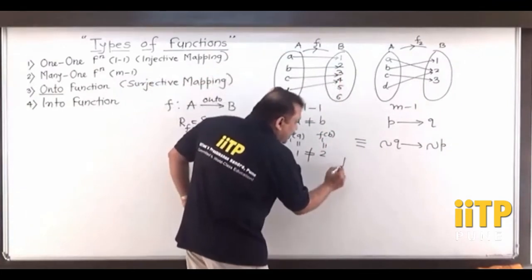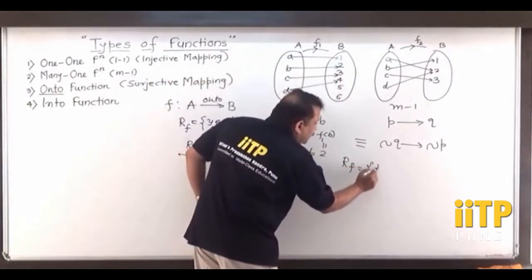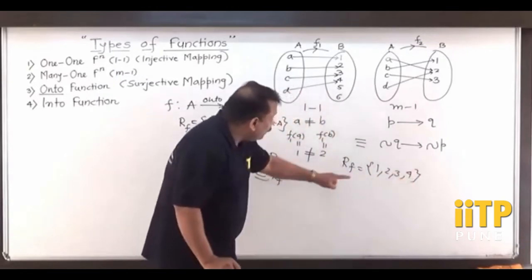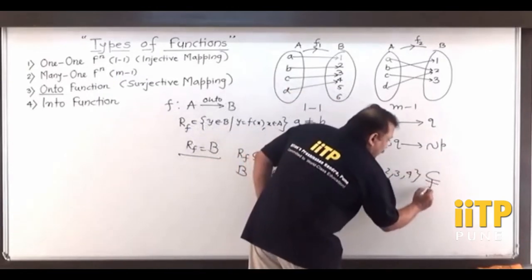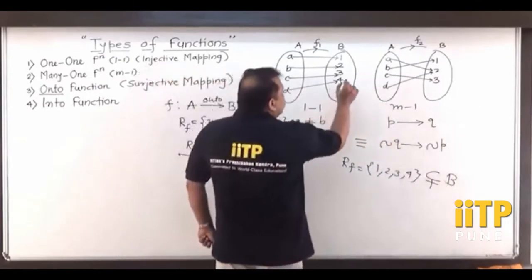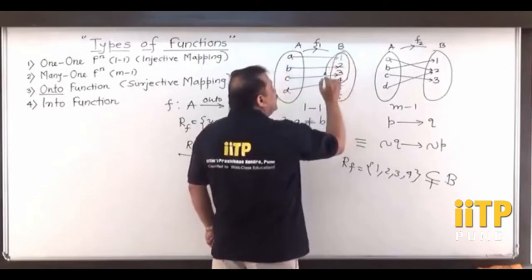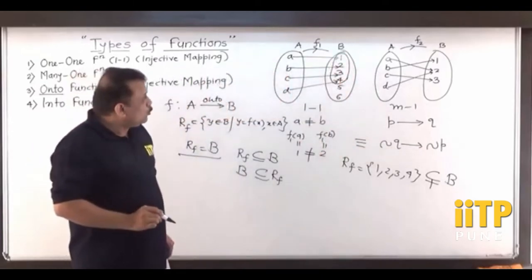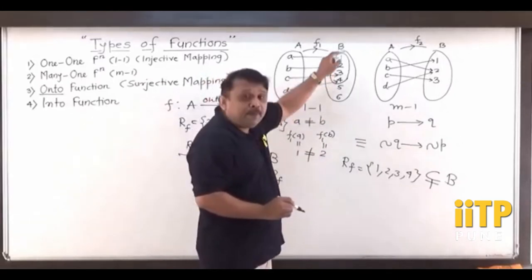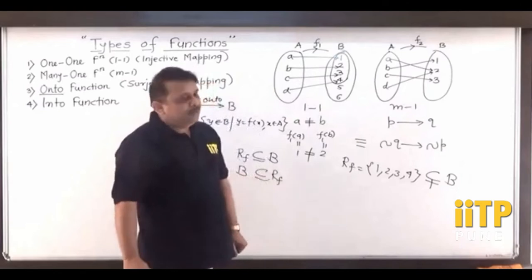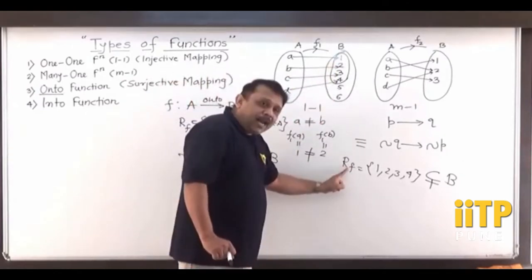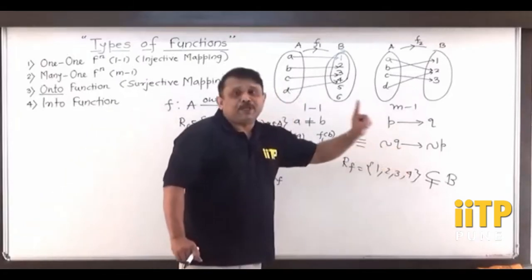If I collect all these members in this set 1, 2, 3, 4, we see that the range of the function is a proper subset of the codomain. We see that there are still members in the set B which are not related, namely 5 and 6. So whatever set RF I am getting, it is a proper subset of B.